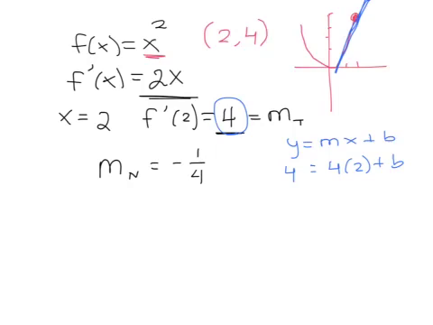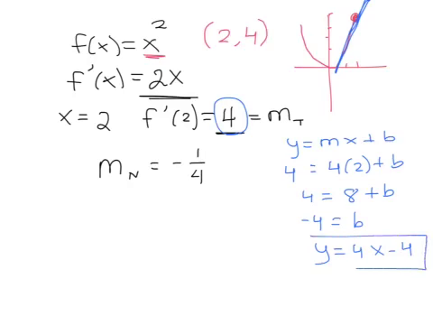So we would have 4 is equal to 8 plus b, and therefore b must be negative 4. So the equation of the tangent line would be y is equal to 4x minus 4. So that's the equation of this tangent line.